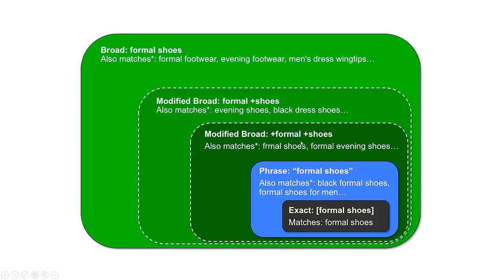You must put that space between the words. Okay, but the plus symbol has no space between it and the word. So you can't have formal, no space, plus shoes. That won't work. That's what I'm telling. And then down to phrase match, which has the quotations, and then finally exact match, which is the tightest option available. So there's a pretty big spectrum of options there for you.